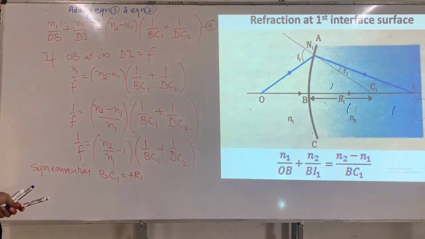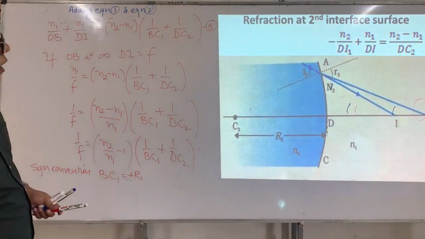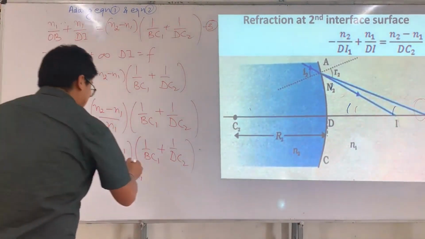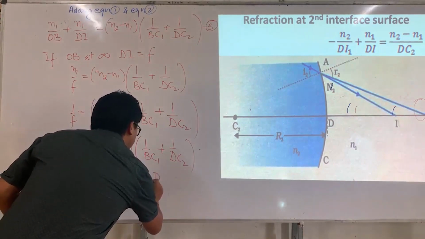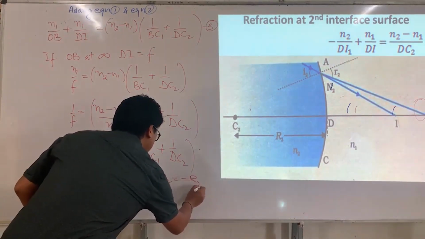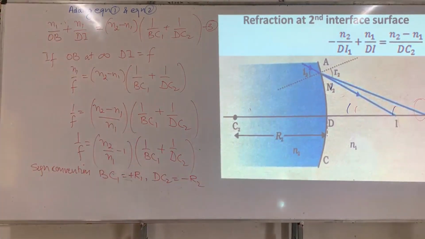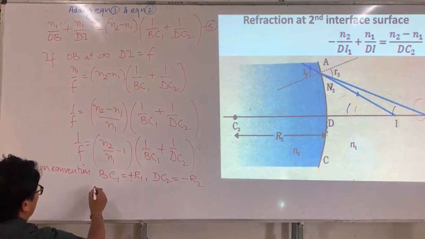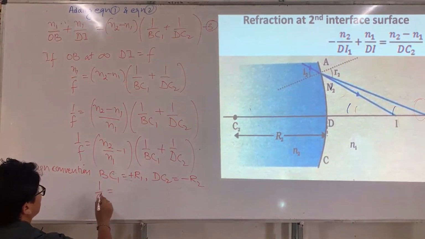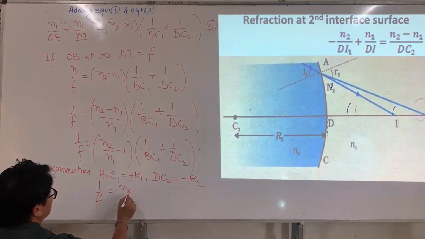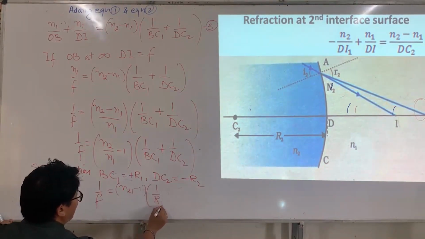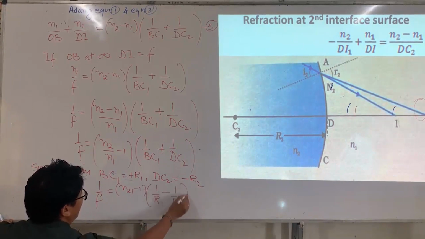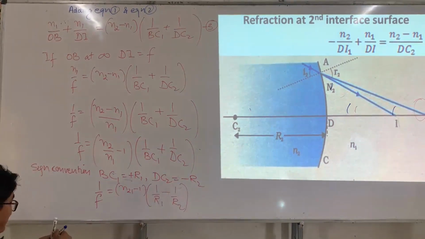And what about BC2? BC2 is equal to minus R2. Now substituting sign conventions, finally I get 1 by F is equal to N21 minus 1, times 1 by R1 minus 1 by R2. This is the final equation.